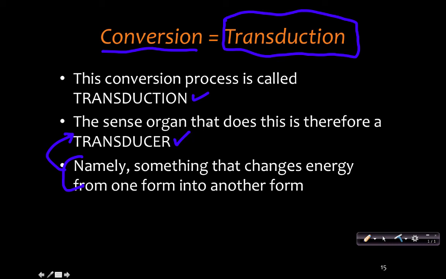By definition, then, sense organs, and the auditory system particularly, are a series of transducers where energy is converted into different kinds of energy so that it can ultimately be perceived by the brain.